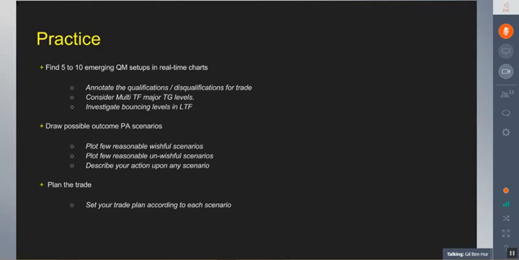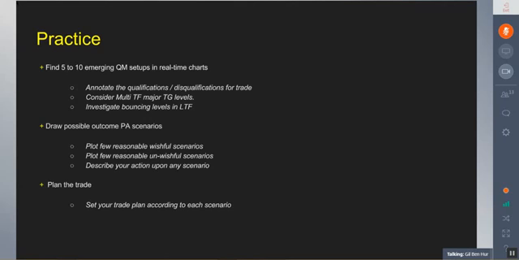I want you, because it's a drill and you have to practice it, to write your justifications for qualifying or disqualifying your Quasimodo, because now it's not just finding the formation, it's finding the formation that we want to trade, okay? Because Quasimodos are all over. You can find them all over, but we want to find them in the right place, right?